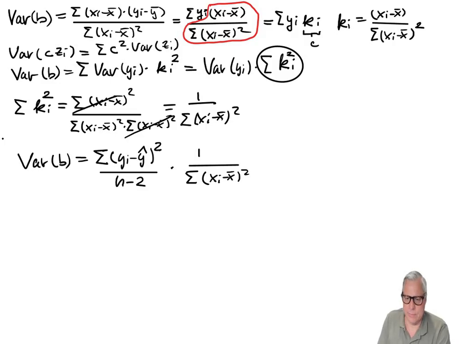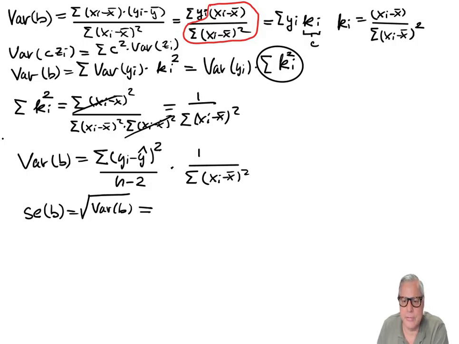Well, a regression output of a statistical software program like Excel will not report the variance but the standard error, just as before. So the standard error of B is now again the square root of the variance of B, and we can first take the square root of this one, and we know that this is the standard error of the regression.